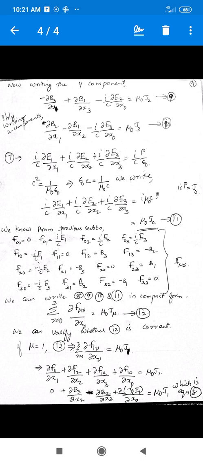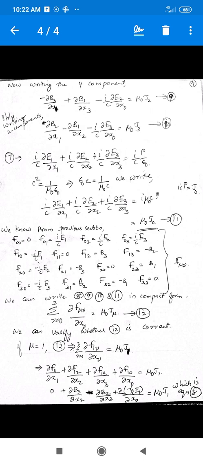So sigma nu 0 to 3 of dou F mu nu by dou X nu will be mu 0 J mu. Mu is also a variable, but the summation variable is nu. This is a very important equation, and this is the combined equation of all the Maxwell's equations. All 4 Maxwell's equations we have combined into one equation, which is equation 12.